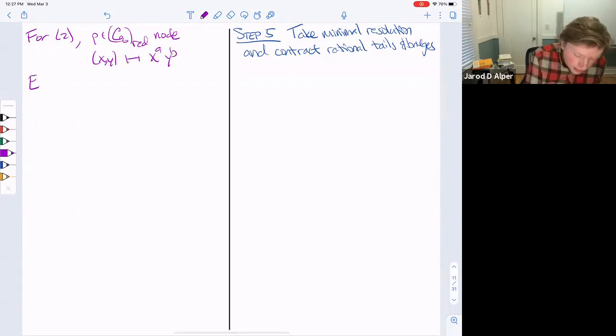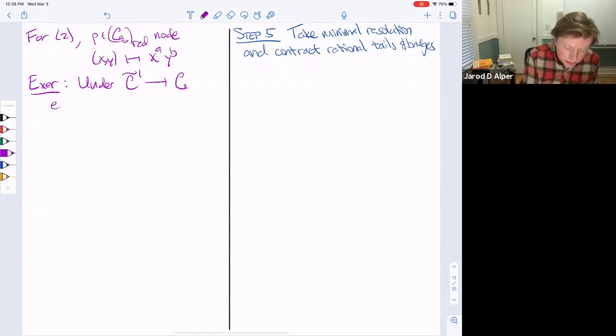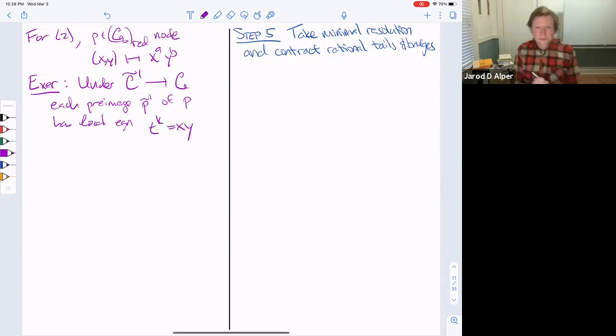This is a slightly more difficult local calculation, but under the normalization, each preimage, say P tilde prime of P, has a local equation that looks like t to the k equals xy.